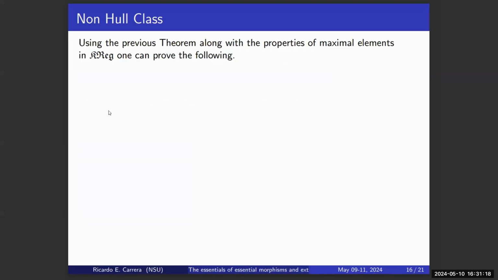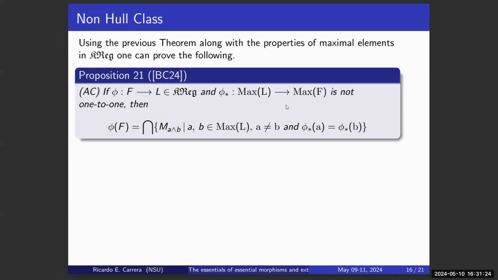All right, so using the previous theorem along with the properties of maximal elements in kReg, you can show, this is another little technical lemma, that if you have a map phi from F to L in kReg, and phi star from max L to max F is not 1-to-1, then the image of phi of F is basically the intersection of all these subframes in L. And this you can do using the representation of elements via the maximal elements in the frame, and you can go ahead and show it, and you get this.